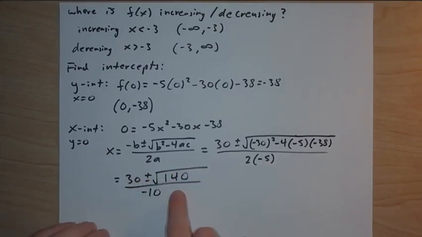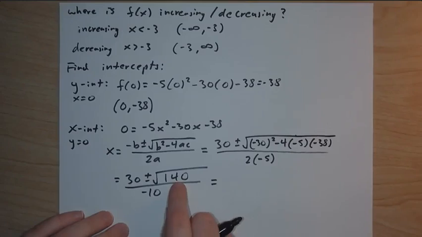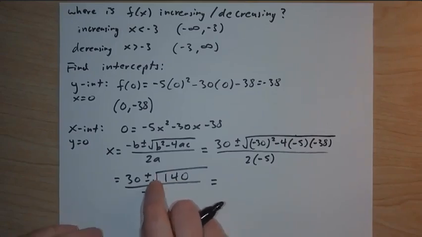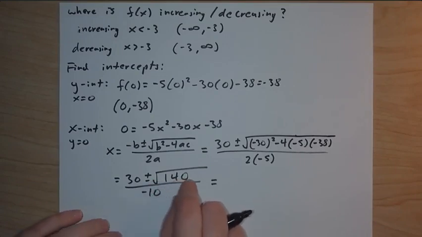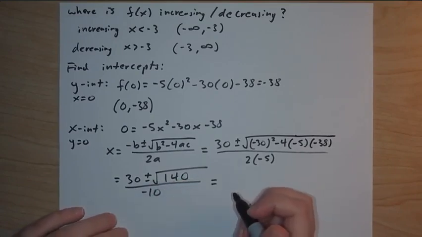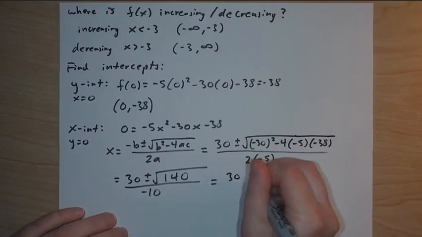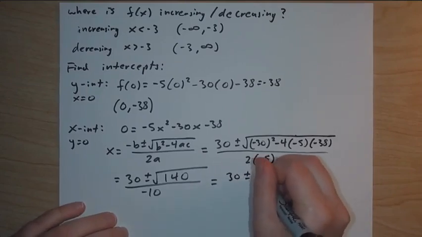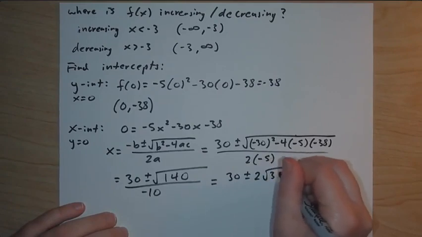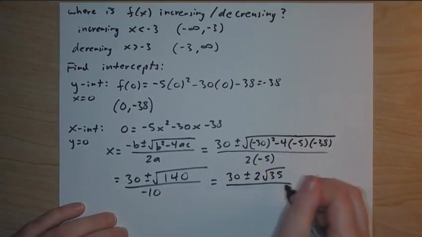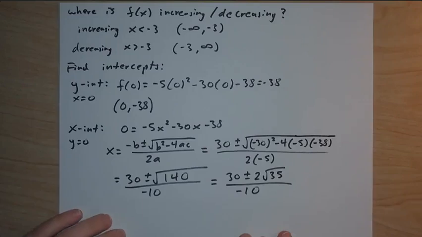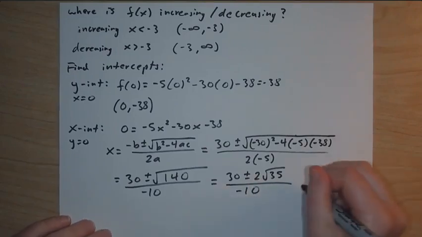And we can further simplify 140. 140 is divisible by 4. And 4 is the same thing as 2 squared, so we can take 2 out of this square root, and we're left with 2 times the square root of 35. So this is 30 plus or minus 2 times the square root of 35 divided by negative 10. And we can factor out 2 from the numerator and the denominator.